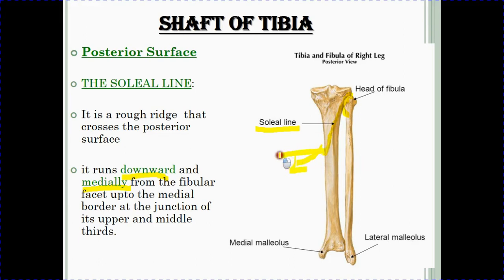This is the upper one third, this is the middle one third, and this is the lower one third. So the soleal line runs downward and medially from the fibular facet up to the medial border at the junction of its upper and middle thirds.